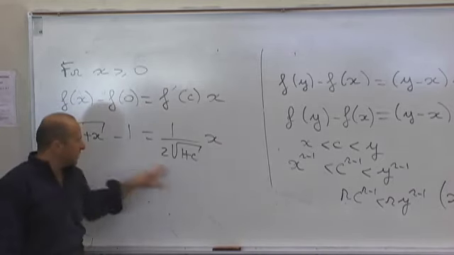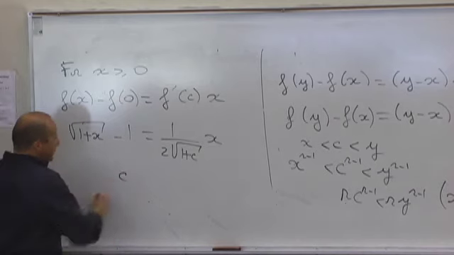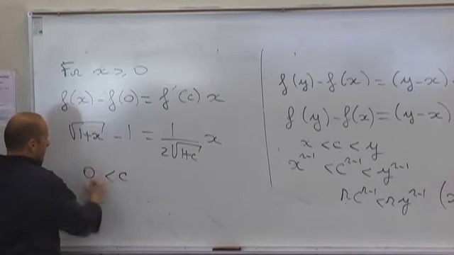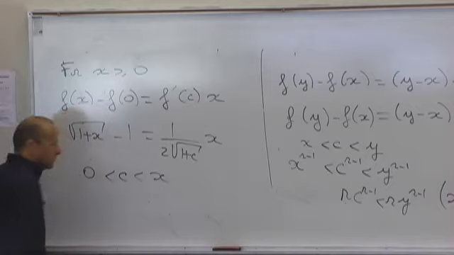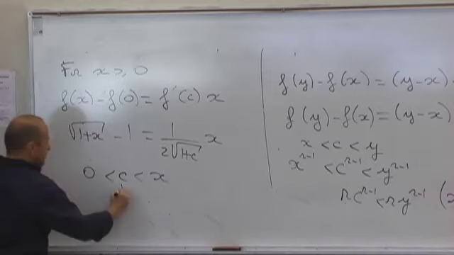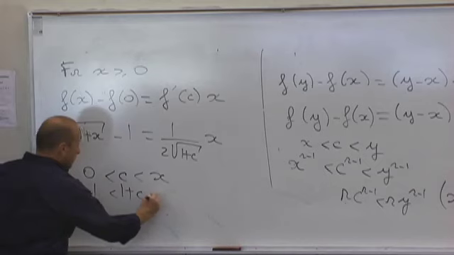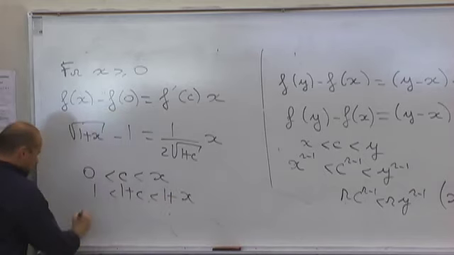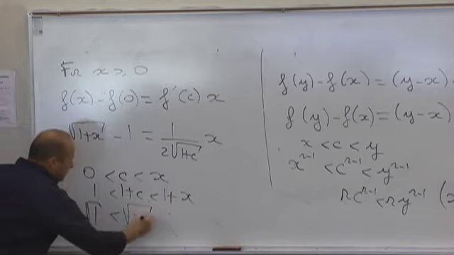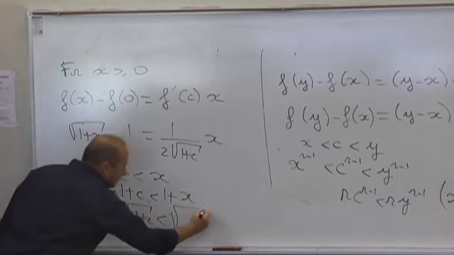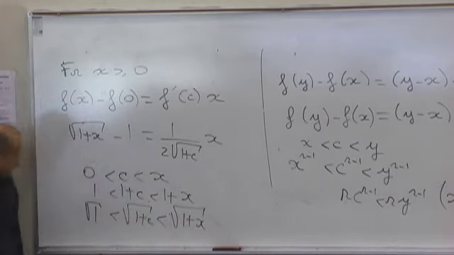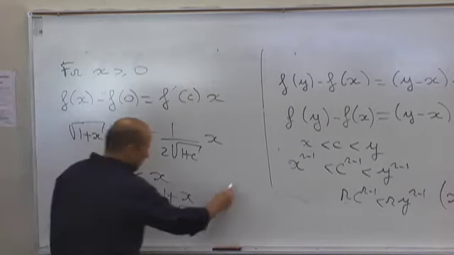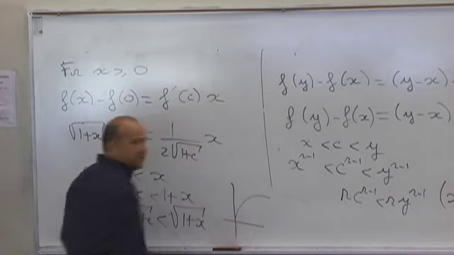Well, we need to get rid of c, so we look where is our c. c is between 0 and x. So 1 plus c is between 1 and 1 plus x. Square root of 1 plus c is between 1 and square root of 1 plus x. Why can I take square roots everywhere and not change my inequalities? Square root is a strictly increasing function on the positive.